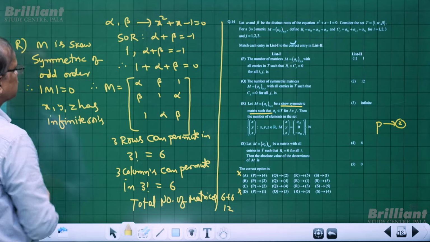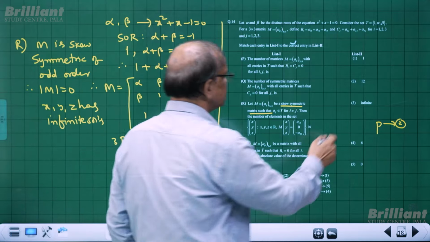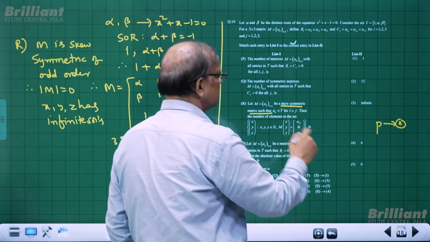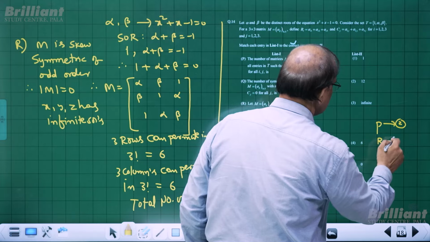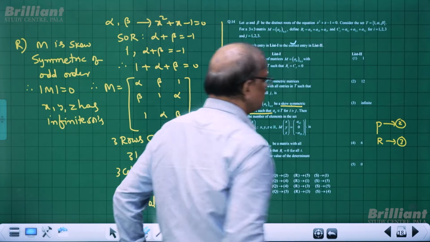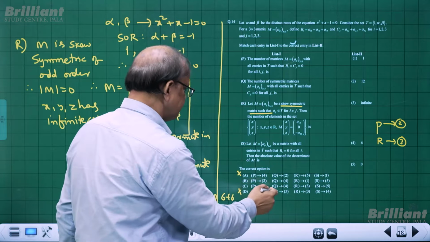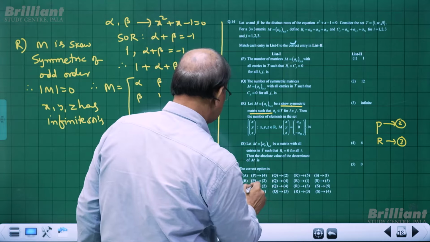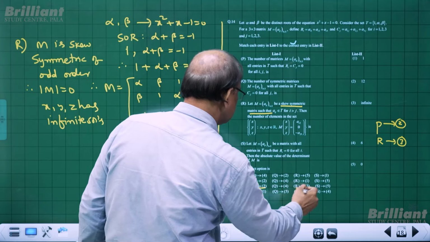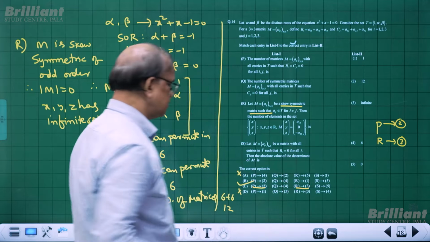Infinite solutions is 3, that is R3. So, R is 3. P2, R3, so therefore C is correct.